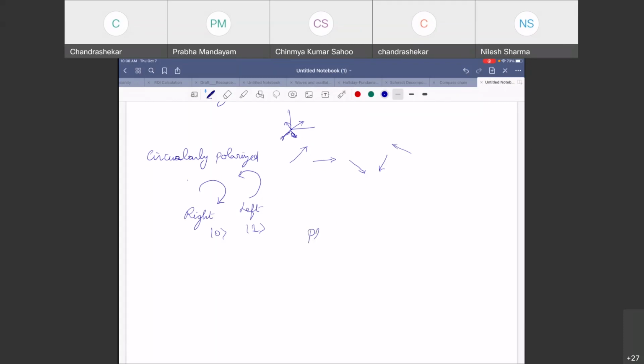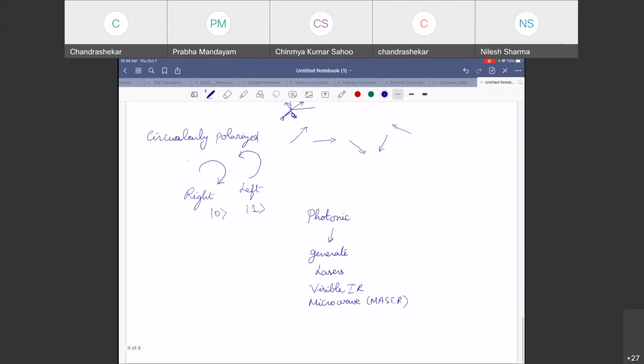A photonic qubit has a big advantage that you can always generate them easily using lasers. So we can generate them using visible laser, microwave, and then we have the IR. To work with photonic qubits, we just need some optical elements.